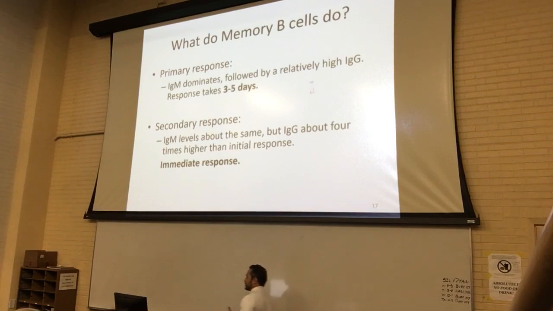If you're making an antibody to a virus that doesn't mutate all that often, or maybe doesn't mutate at all, your memory B cells are what are responsible for that immune protection for the future. Okay?